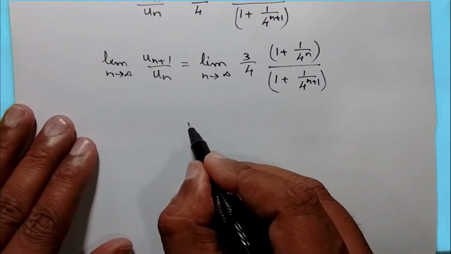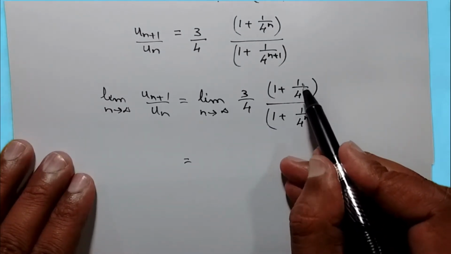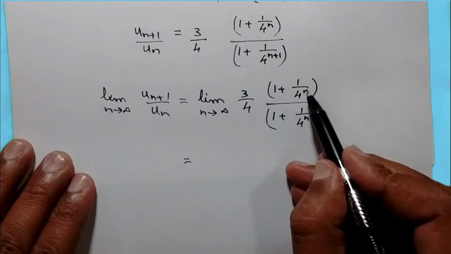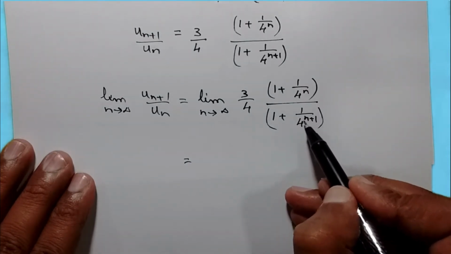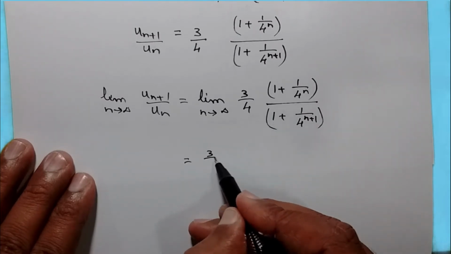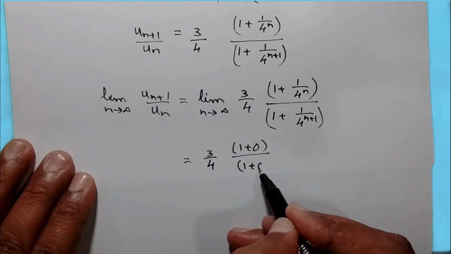If you apply the limit as n tends to infinity, 1 by infinity will be 0. Here also 4 power of infinity will become infinity, so 1 by infinity will be 0. So we'll get 3 by 4 times 1 plus 0 divided by 1 plus 0.